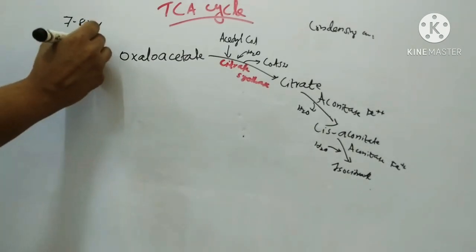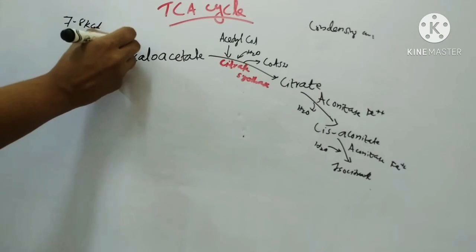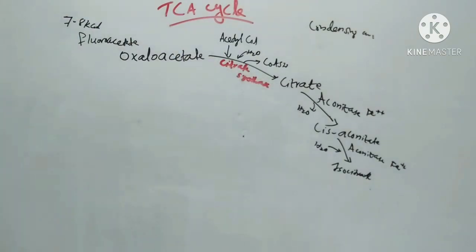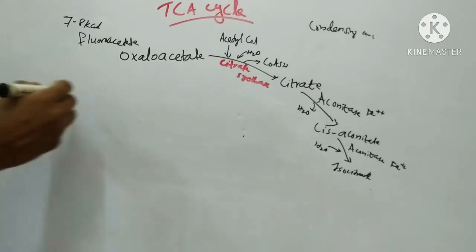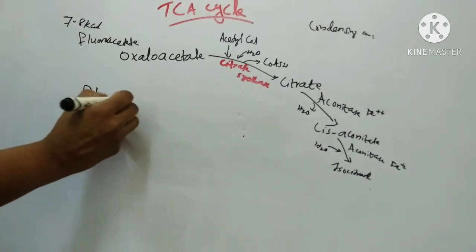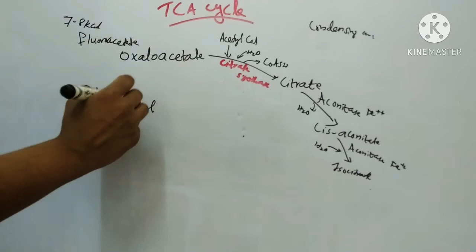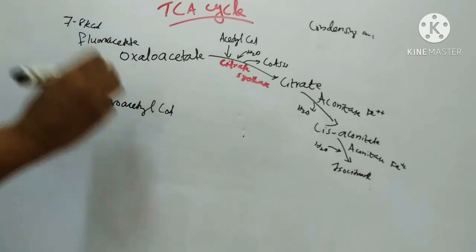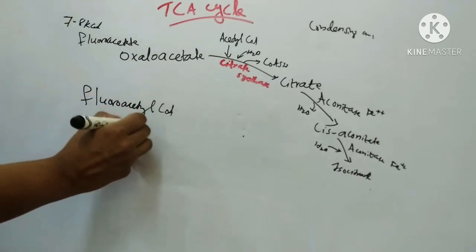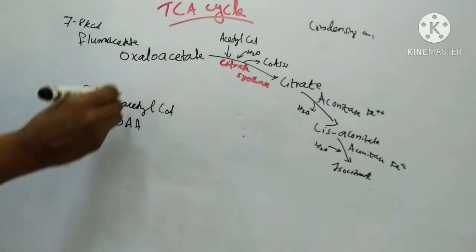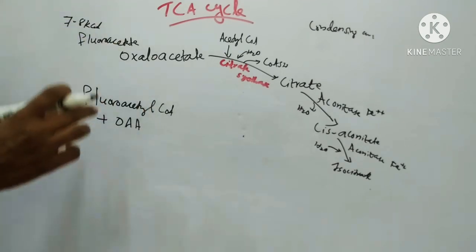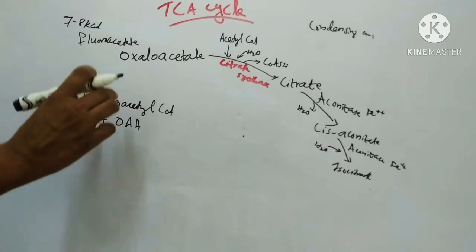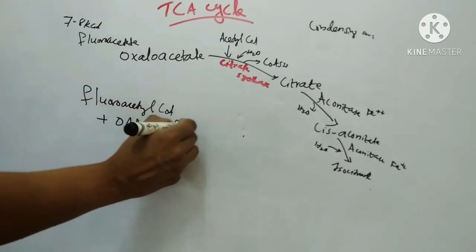Fluoroacetate is the inhibitor of the enzyme aconitase. Fluoroacetate in the form of fluoroacetyl-CoA condenses with oxaloacetate to form fluorocitrate.